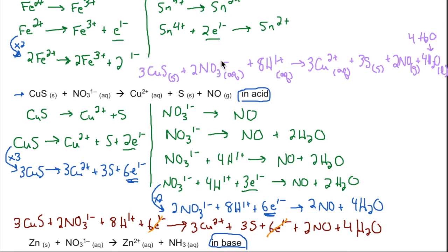As far as the charges, we have 2 negative ones and 8 positive ones, so that's a positive 6 altogether. On this side, we have 3 positive 2s, which makes a positive 6. So all of the elements, all the different kinds of atoms, all the charges, all the electrons are balanced. So this is our final answer.